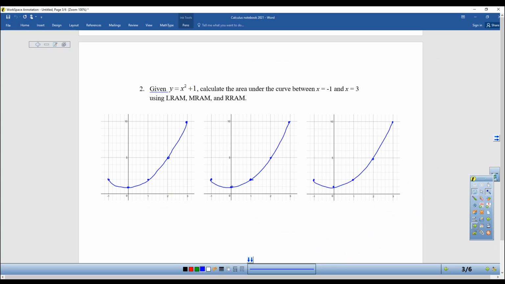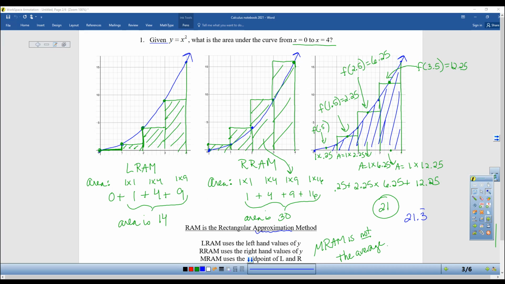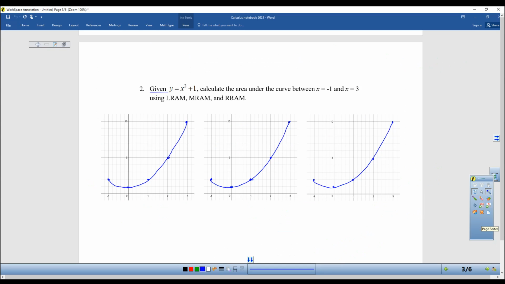All right, let's do another one. Oh, just so you know, the notes are right down there. LRAM uses the left-hand values of y, RRAM uses the right-hand values, and MRAM uses the midpoint. So I've already drawn them, so you might want to pause the video and draw them yourself.